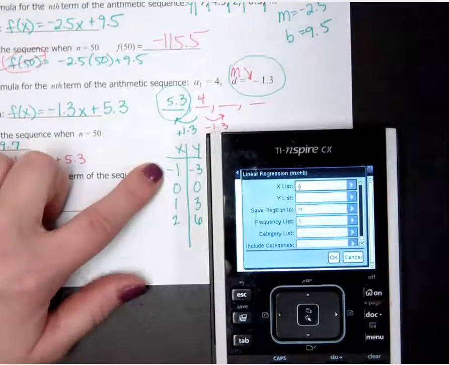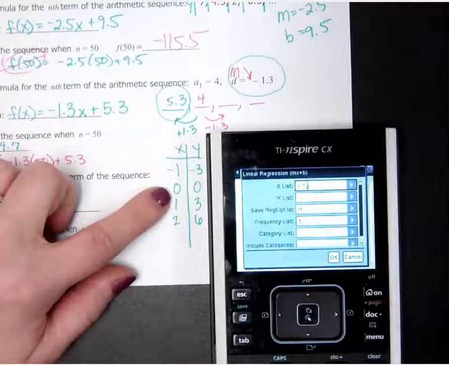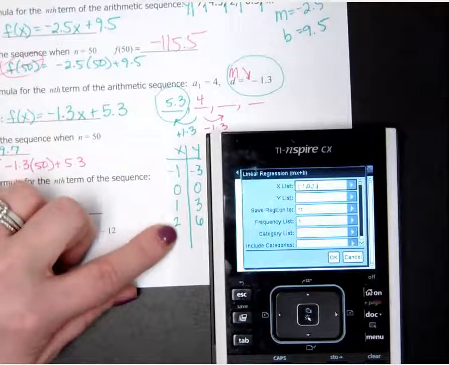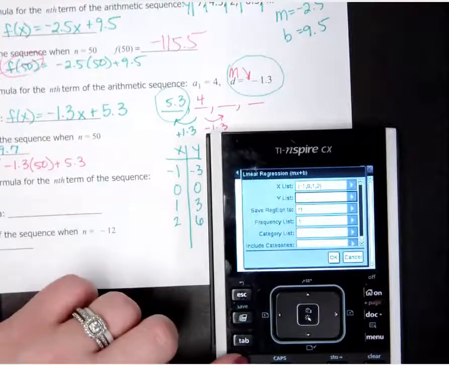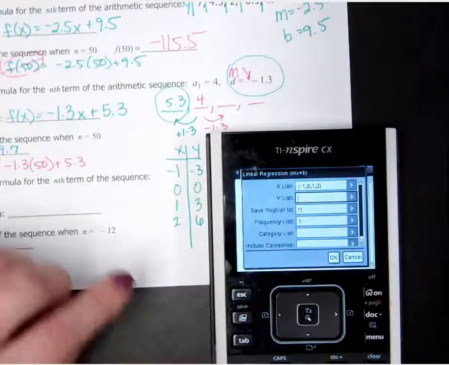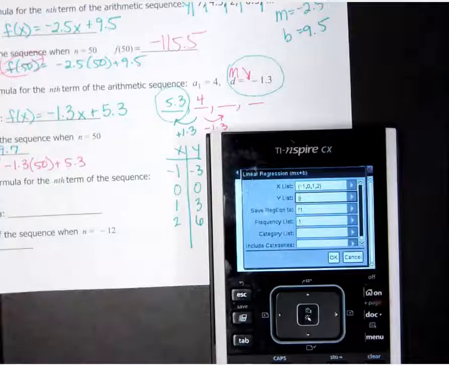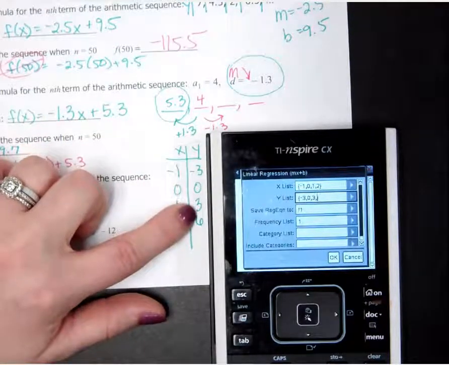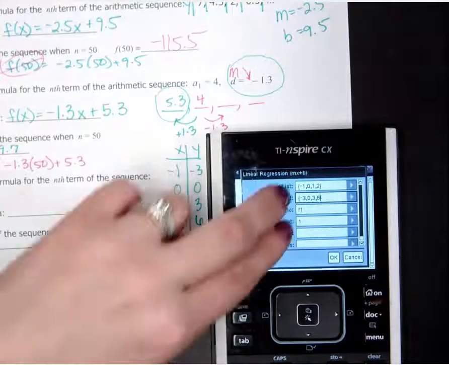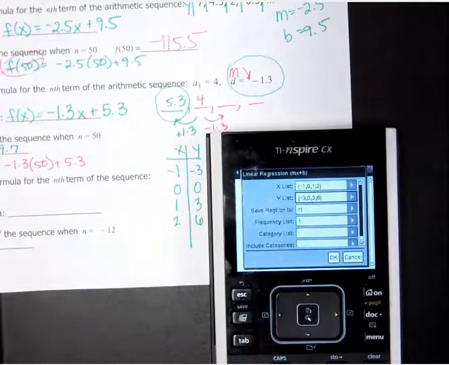My x values are negative 1, comma 0, comma 1, comma 2. All right, there we go. And my y values are negative 3, comma 0, comma 3, comma 6. So again, I want to make sure that those are all lined up the way they should be.